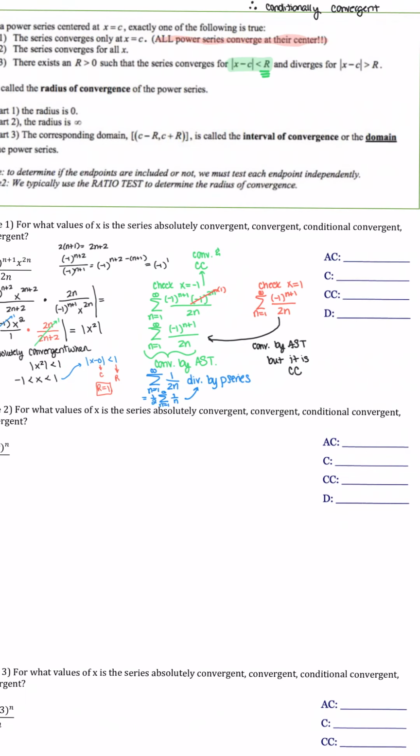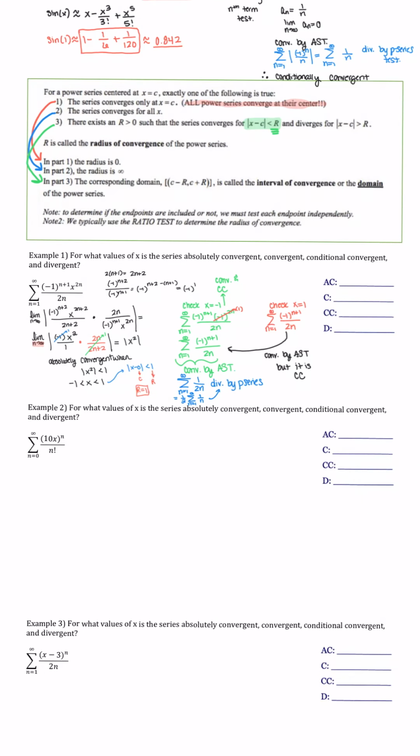So now let's put all of this together for example 1. So where is the series absolutely convergent? It is absolutely convergent when negative 1 is less than x is less than 1. But it's convergent, just plain old convergent, from negative 1 is less than or equal to x is less than or equal to 1. It is conditionally convergent at these two endpoints, negative 1 and 1.